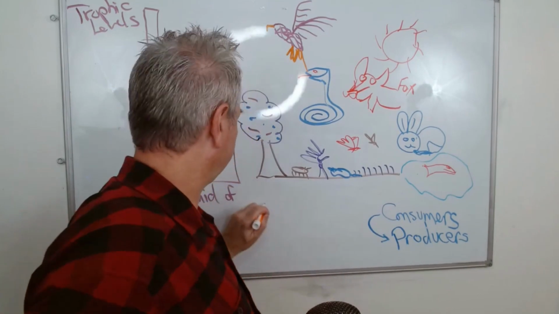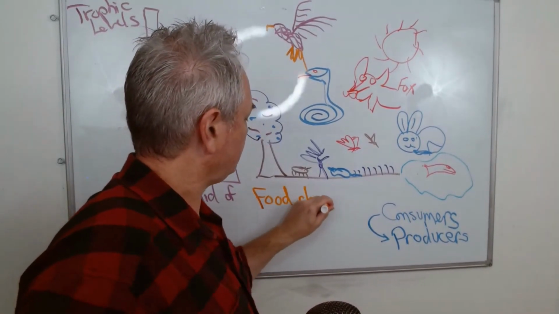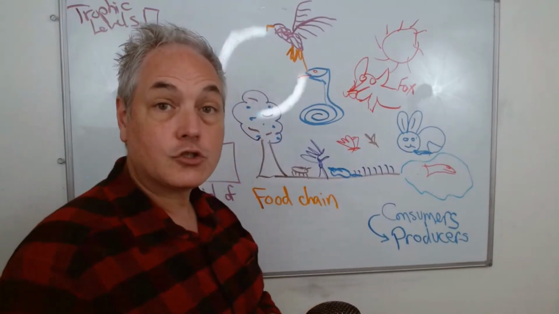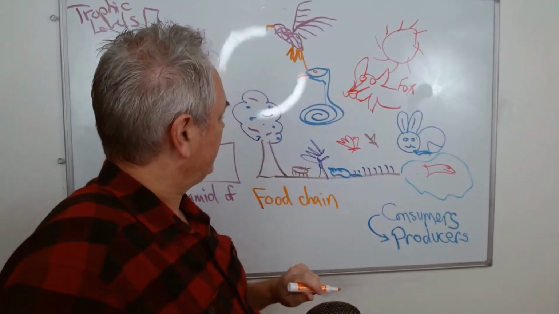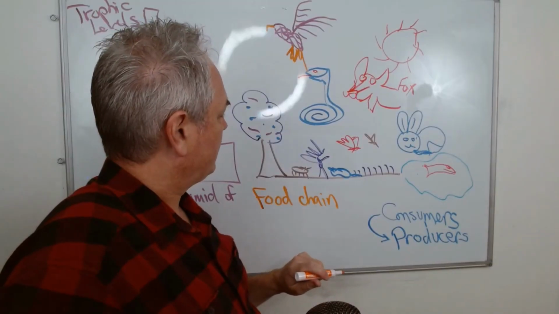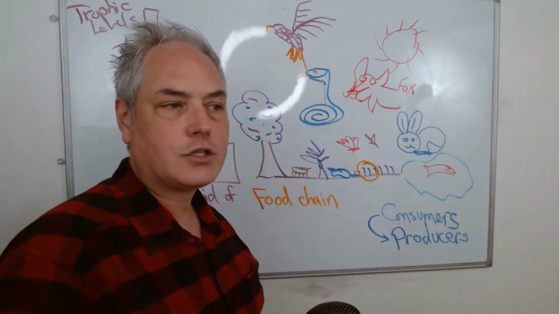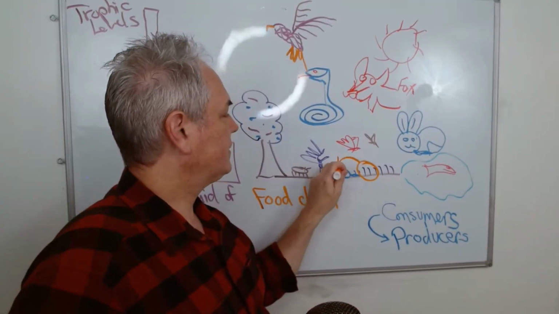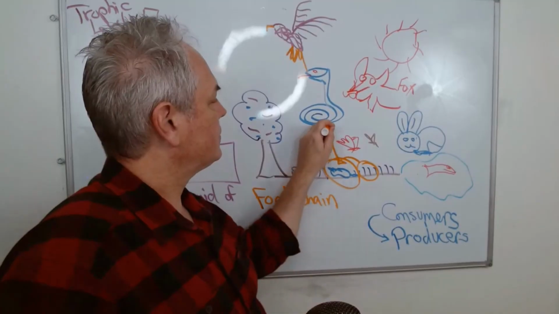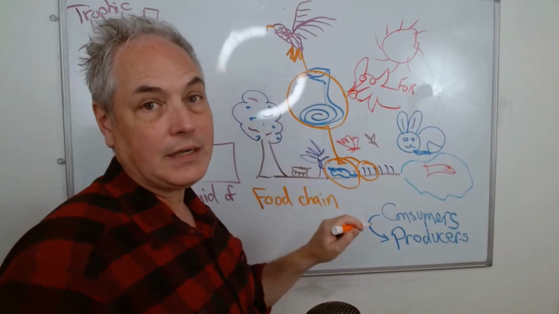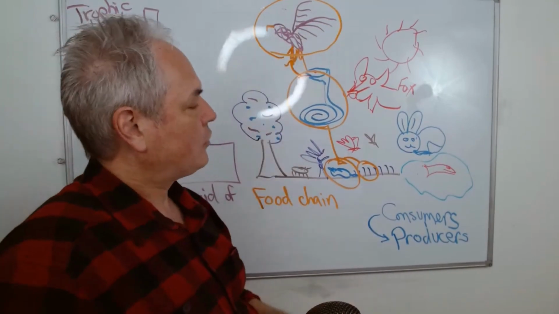what is a food chain. So I'm going to write here, food chain. What is interesting is that we have an organism. So I'm going to get some plants that are eaten by the mouse, and the mouse is eaten by the snake, and the snake is eaten by the hawk.